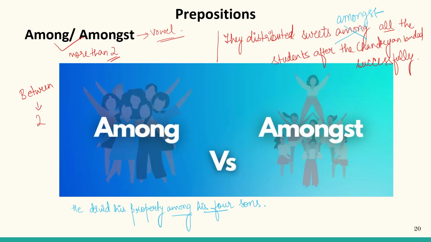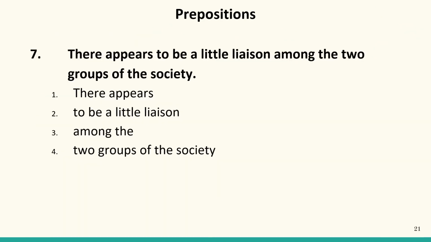Now let us see some spotting errors related to this. The sentence is: there appears to be a little liaison among the two groups of the society. Now liaison refers to a mutual understanding or relationship. We can say a strong relationship. So there appears to be a little liaison among the two groups.